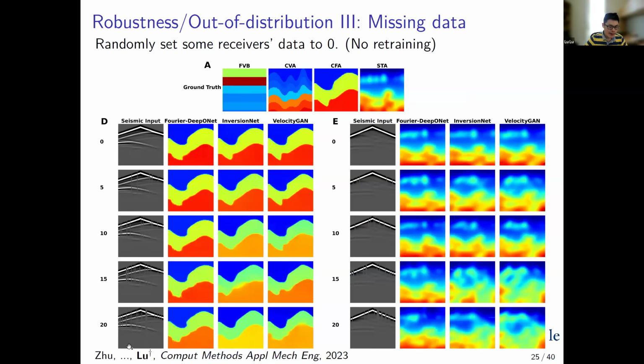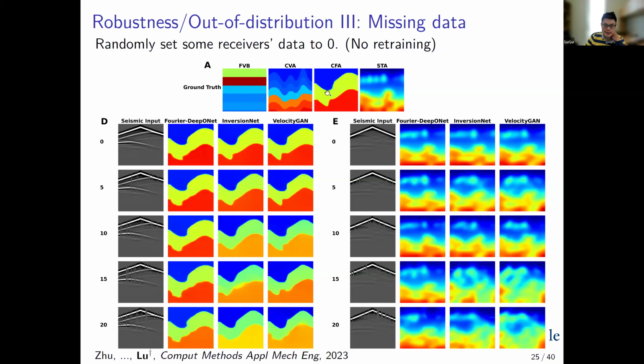So we have this really bad input. Still, intuitively, we cannot guarantee a meaningful prediction because our input is totally destroyed by this missing data. Again, looking at other networks people developed in this field, called InversionNet or VelocityGAN, their accuracy is bad compared to ground truth.